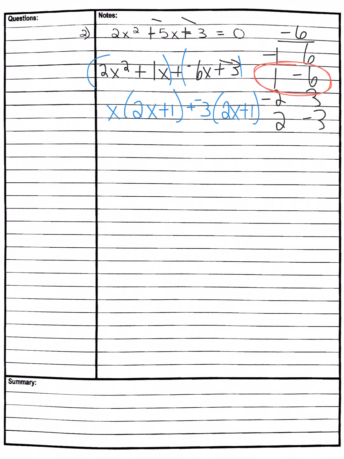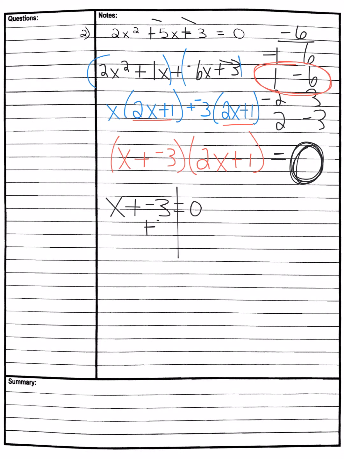Again, these parentheses better be identical or we did something wrong. We have x plus negative 3 times 2x plus 1. Again, that was a review of factoring. What's different? We now set it equal to 0. So we set both of these equal to 0, and we solve.